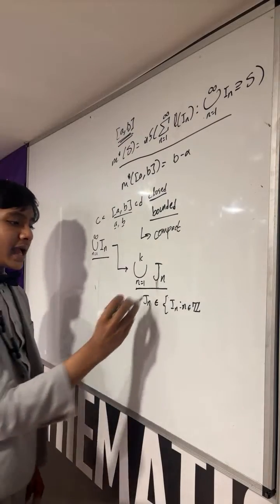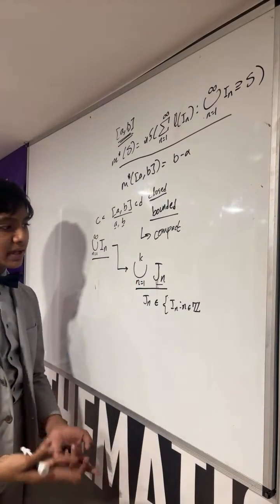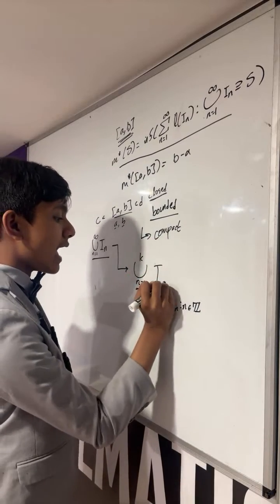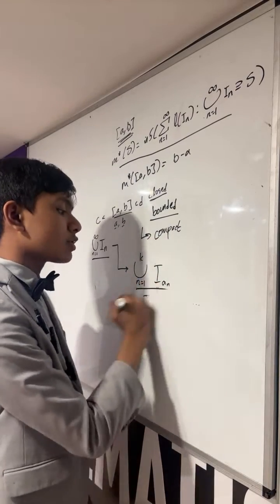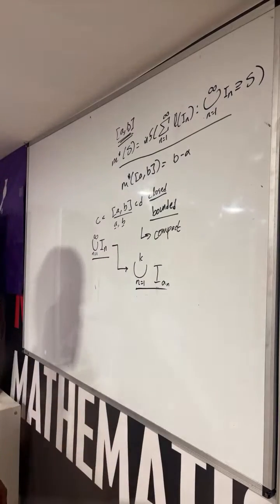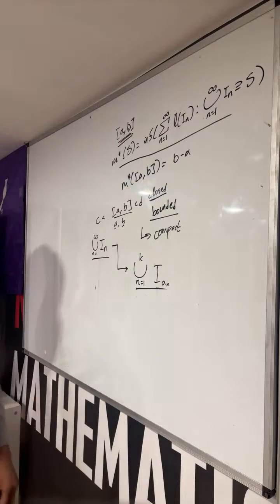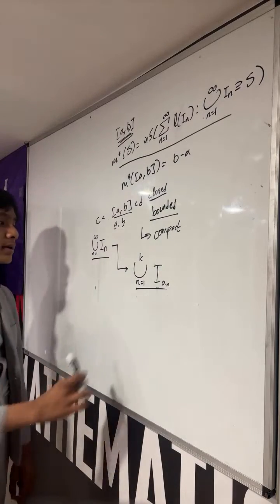So, J_n is just some special, I have an idea. Just write it as I_n. Yeah, that works. So, this finite subcover will also work, right?